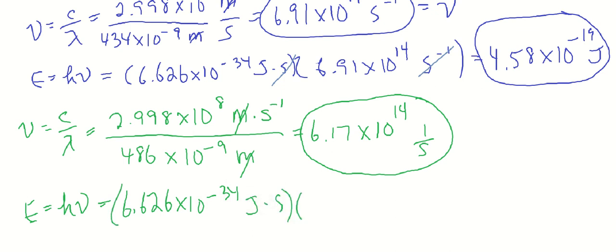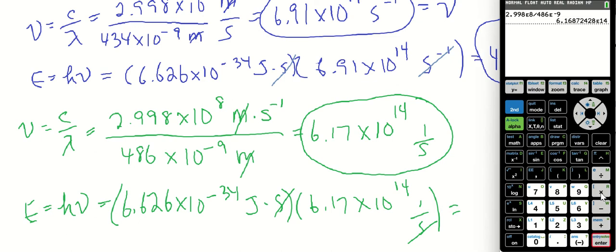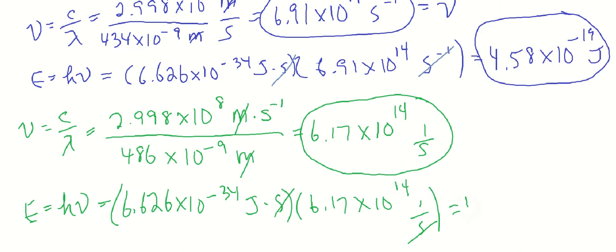And we're going to multiply that by that number we just calculated as our frequency, 6.17 times 10 to the 14, 1 over seconds. Seconds cancels out. That number's still there. Multiply 6.626 times 10 to the negative 34 is going to give us 4.09 times 10 to the negative 19 joules.